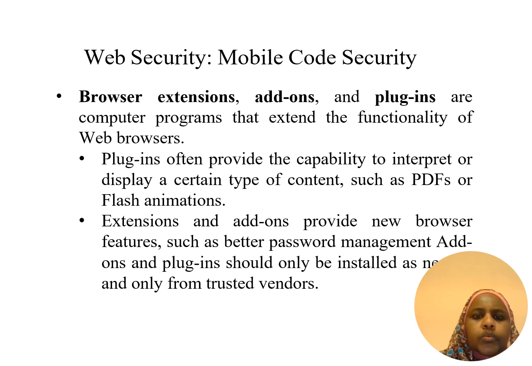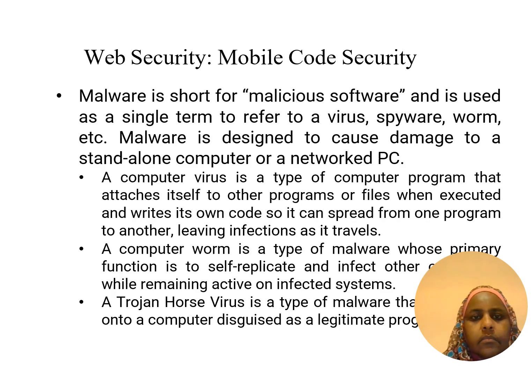Plugins often provide the capability to interpret or display certain types of content such as PDFs or Flash animation. Extensions and add-ons provide new browser features such as better password management. Add-ons and plugins should only be installed if they are from trusted vendors.